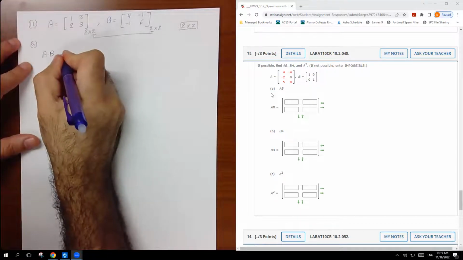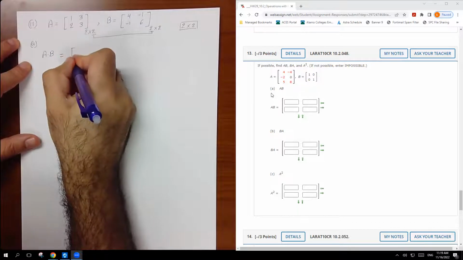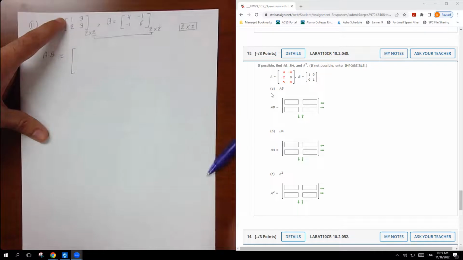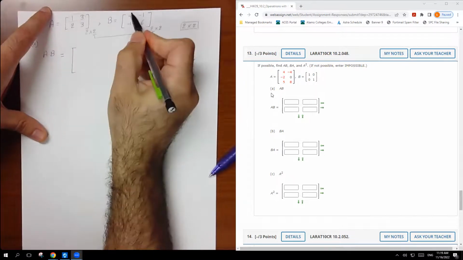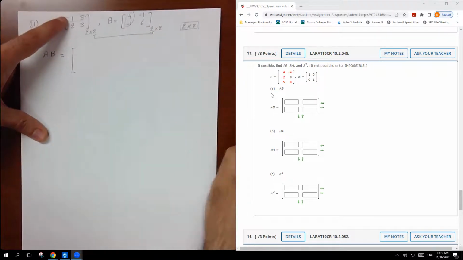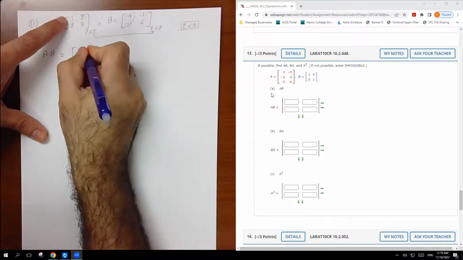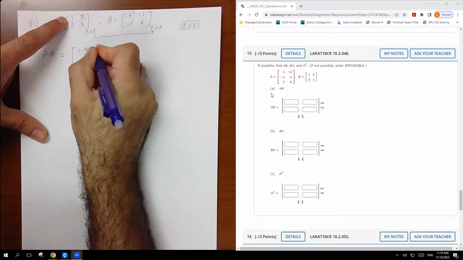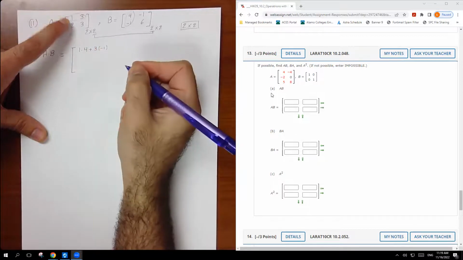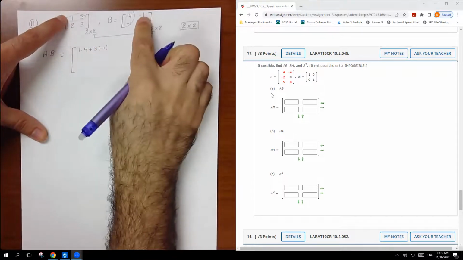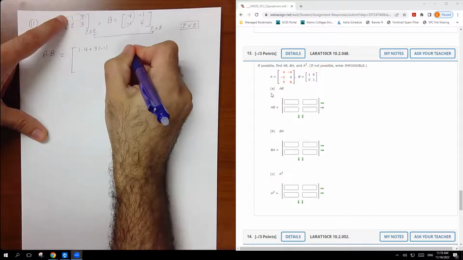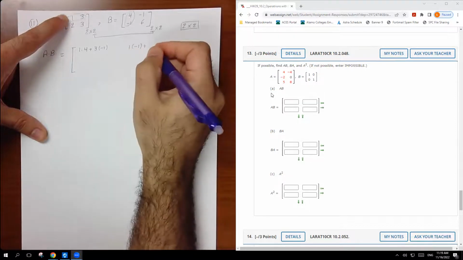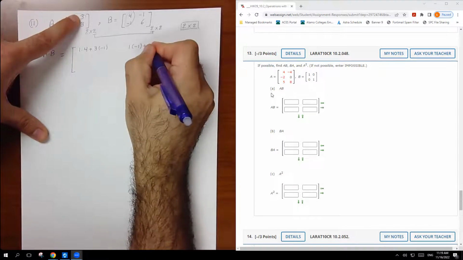So that means this one is going to be equal the first row times the first column. So it's going to be 1 times 4 plus 3 times -1. The first row times the second column. So it's going to be 1 times -1 plus 3 times 6.